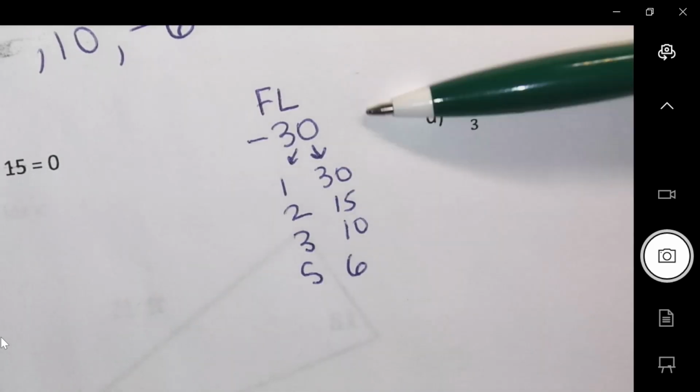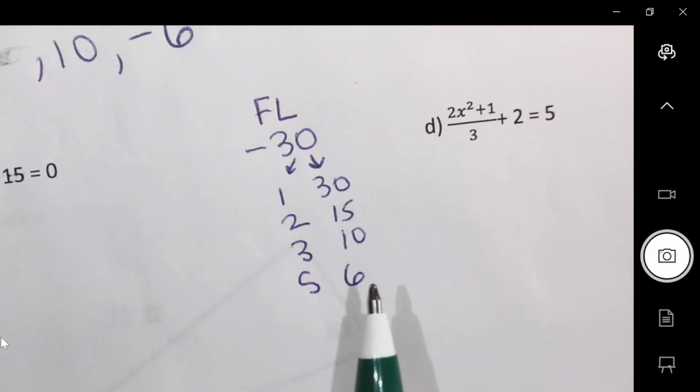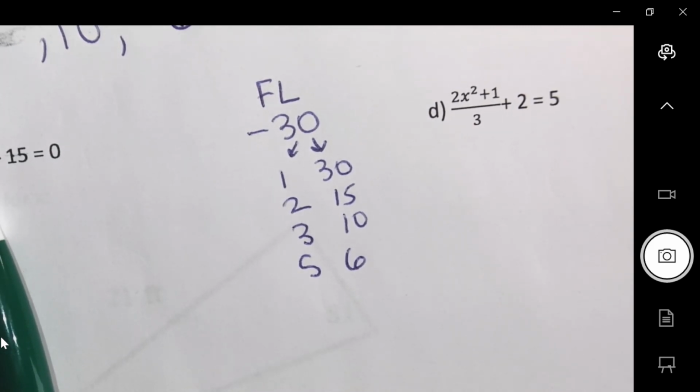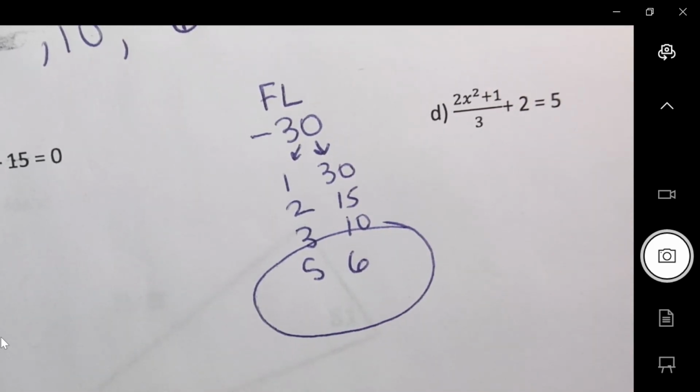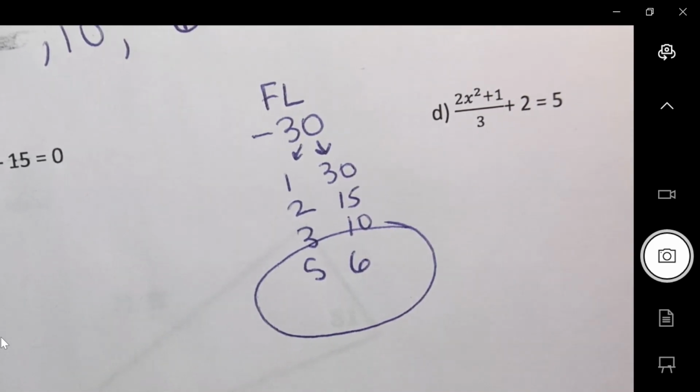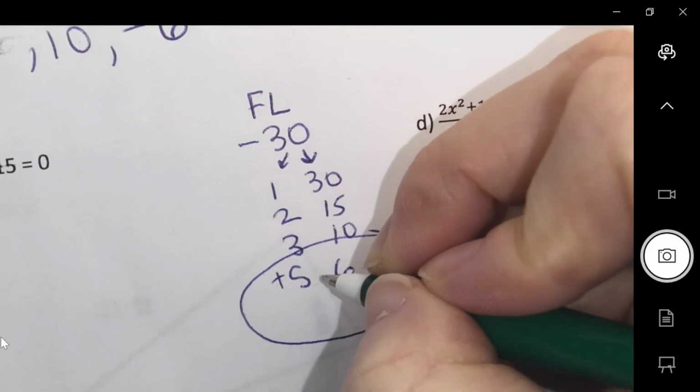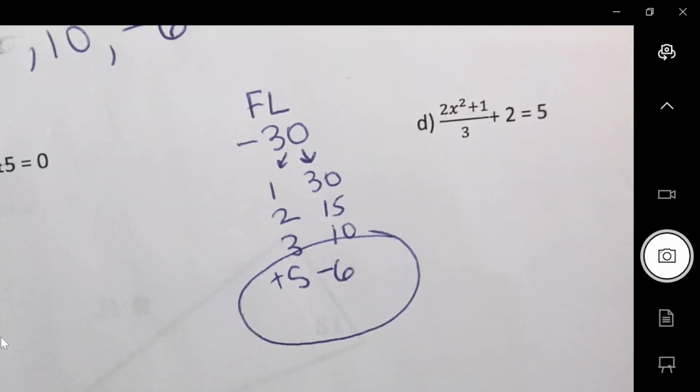Then I look for a set that will add together to make negative 1. 5 and 6, and there's going to be a plus minus involved. Okay, that's what I need.